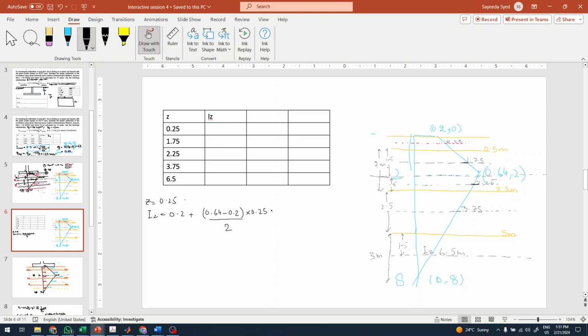Let us calculate this. This comes out to be 0.255.